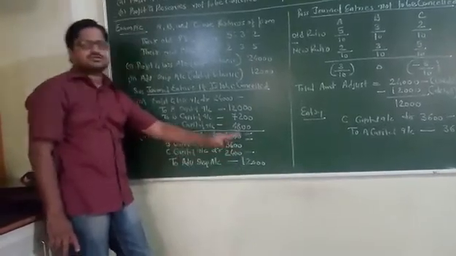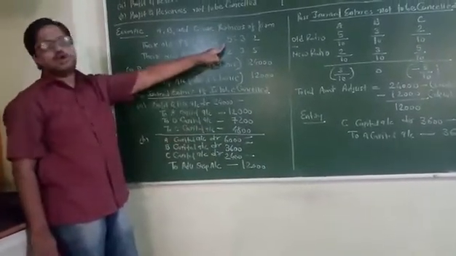This 12,000 is distributed among the partners on the debit side as per their old ratio.